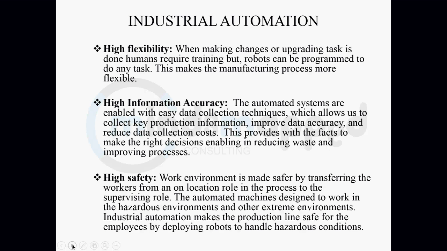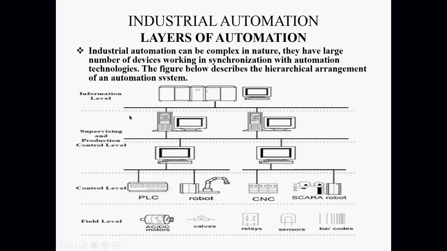Right. So let's move forward. Now we come to the layers of automation, right? The industrial automation systems are implemented in layers. There are different layers which are handling different operations.